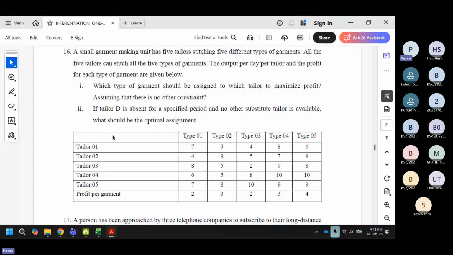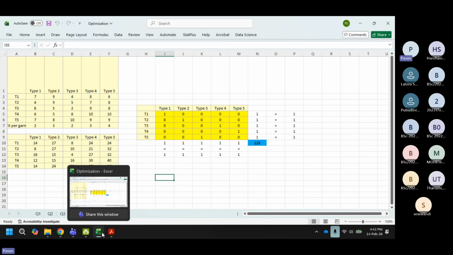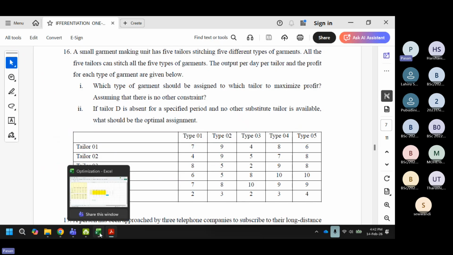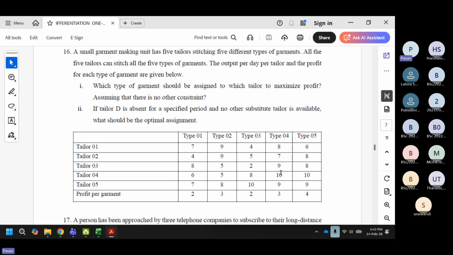Based on that, if you think about the solution here, tailor 4 is assigned to type 5, right? So that means they are getting the profit of producing 10 units here.